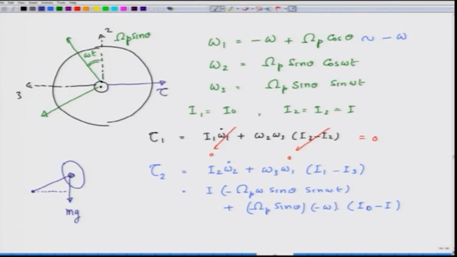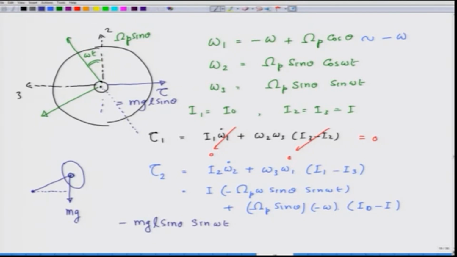This is tau, and how much is the magnitude? It is equal to m g l sin theta. So, if I were to calculate tau 2, tau 2 would be in this direction, and this is going to be minus m g l sin theta sine of omega t.